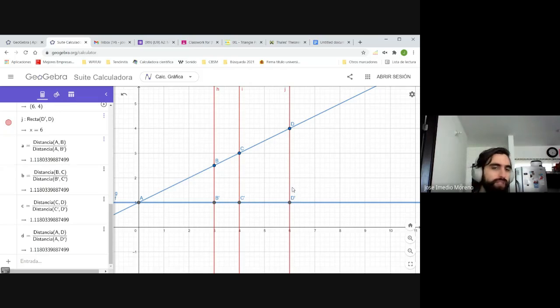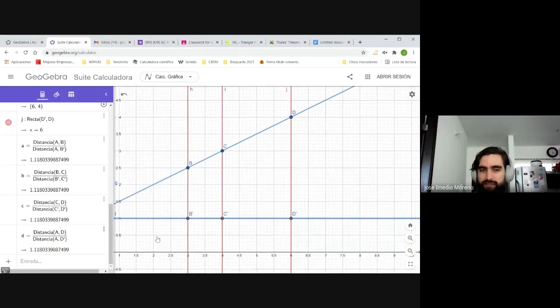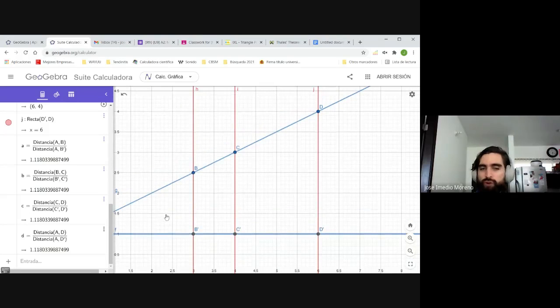If we make a general statement for this theorem, it says the following. If I have two transversals, two lines that could be parallel but don't have to be, and if I get close enough it's no longer a triangle, just lines.